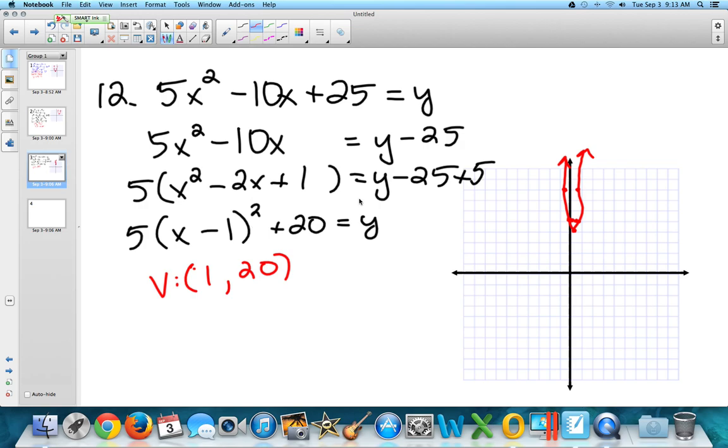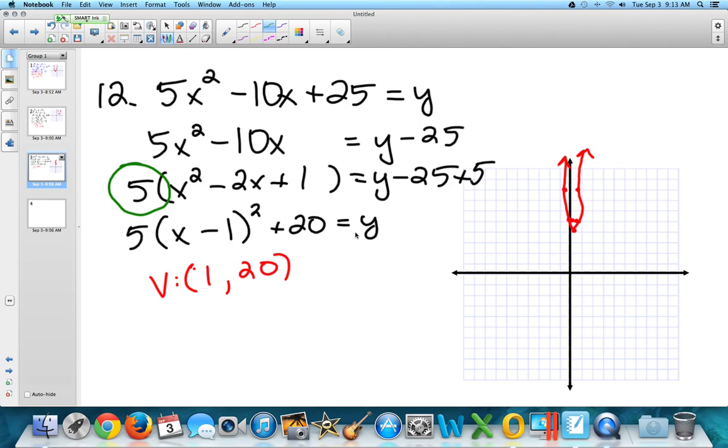Now these are the most difficult ones to kind of get the hang of, because you end up with this coefficient out front. And a lot of people mess up how they factor it out, and a lot of people mess up how they multiply it back at the end. But I believe if we stick with this method, and all of us choose this as our preferred method for graphing, it's going to make a lot of stuff easier in the semester. This goes to translating graphs later.